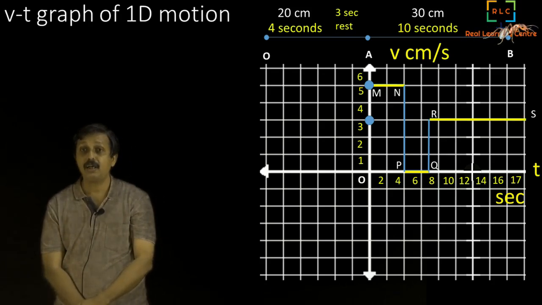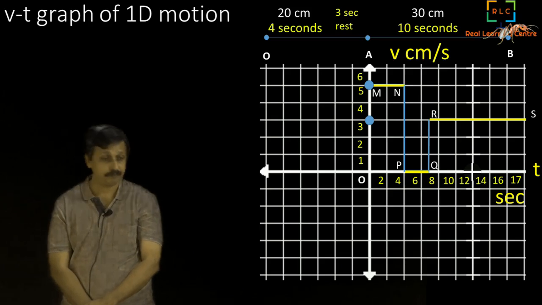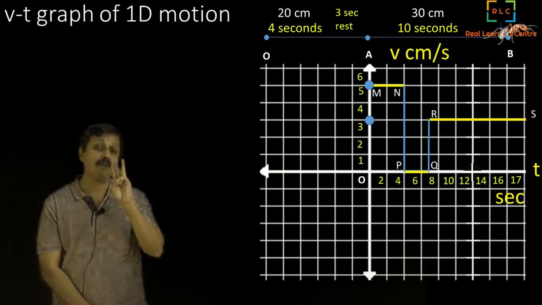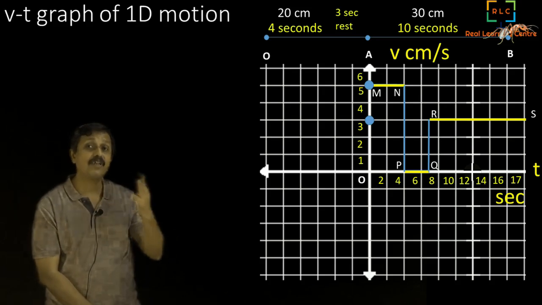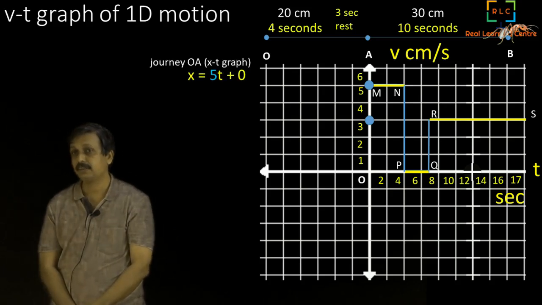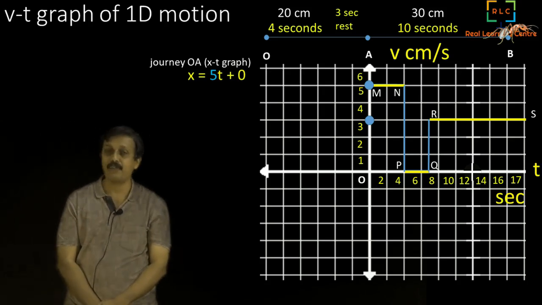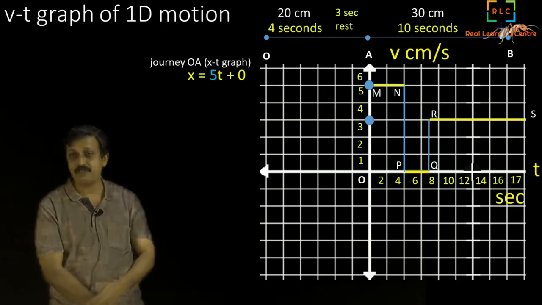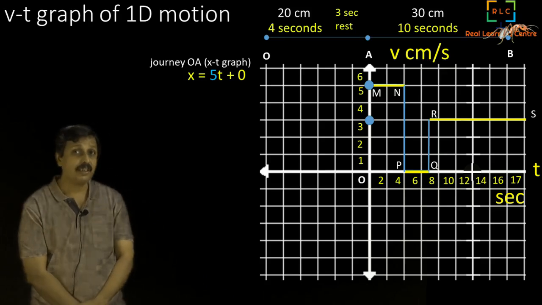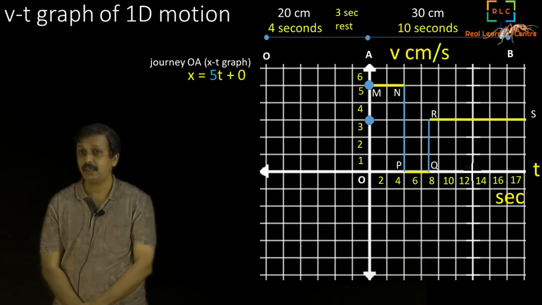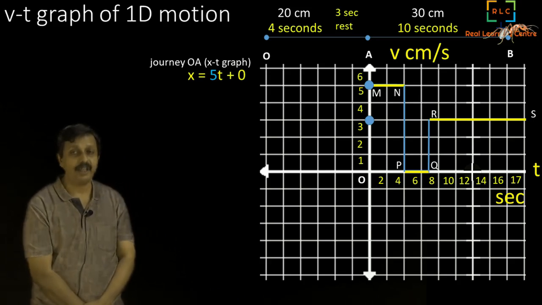Now let's look at the three equations that we figured out in my previous xt graph. One of them was the journey OA, with the xt equation x is equal to 5t plus 0. Now you can see that the 5 was the slope of the line for the journey from O to A.